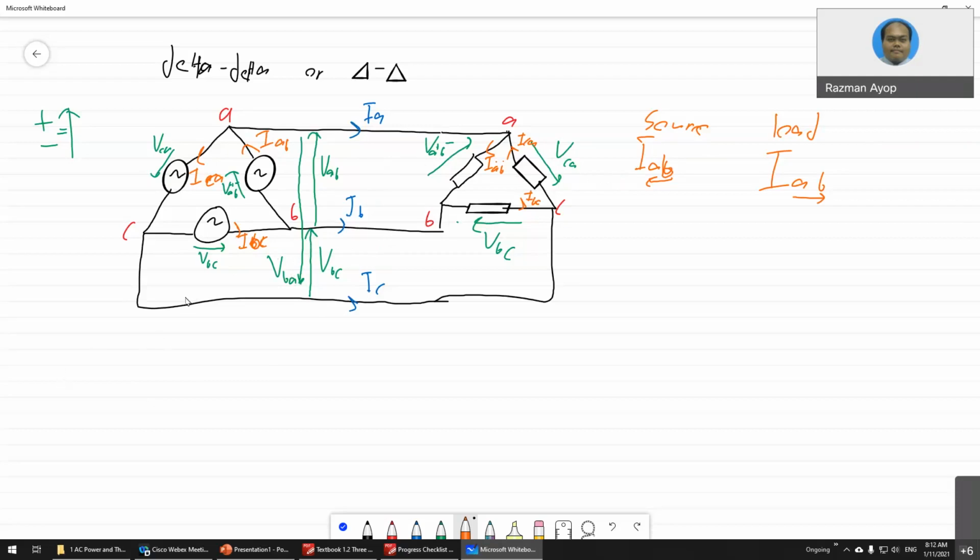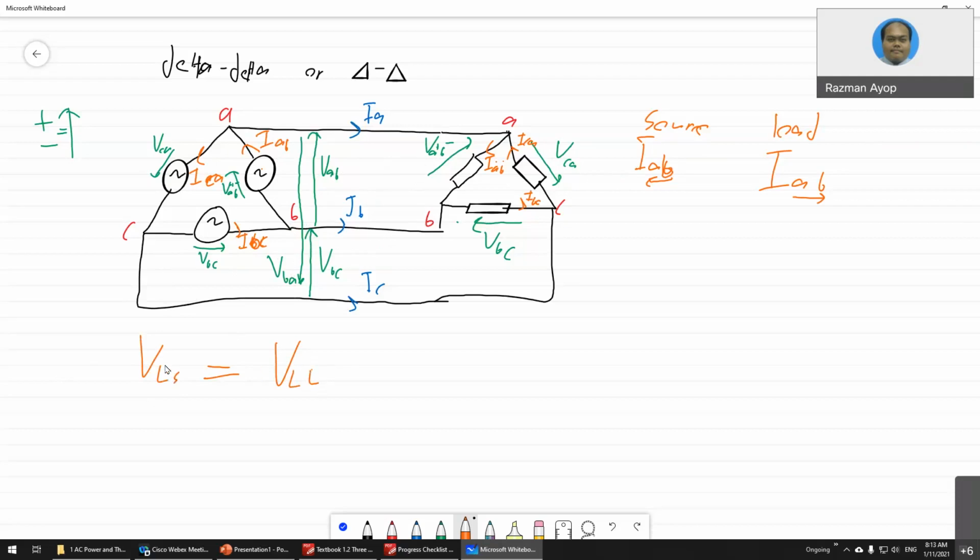For this case, of course, the voltage source you already know. So VL at source is equal to V line at load.